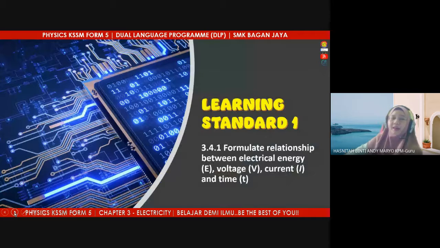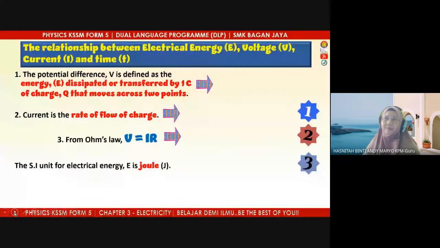Okay, so let's get to our first learning standard: to formulate the relationship between electrical energy, voltage, current, and time. These are all the things we learned before from the previous content standard 3.1 until 3.3. The first one, remember, is the definition for potential difference. What is potential difference?